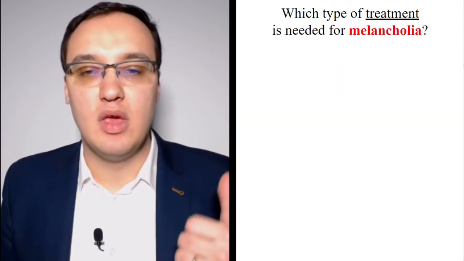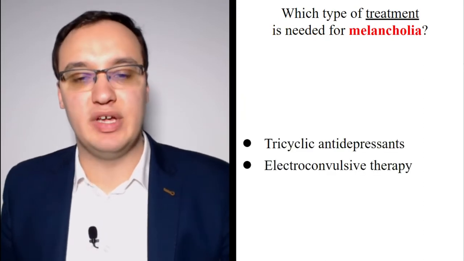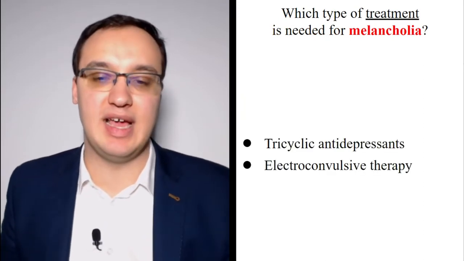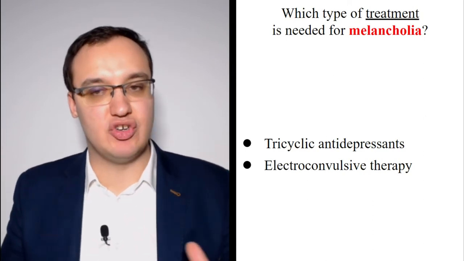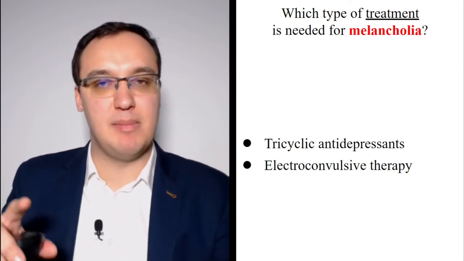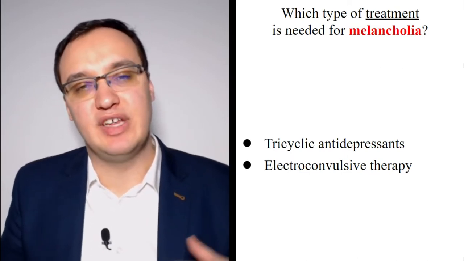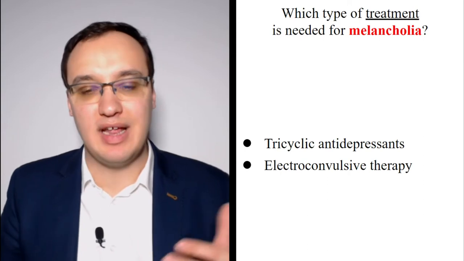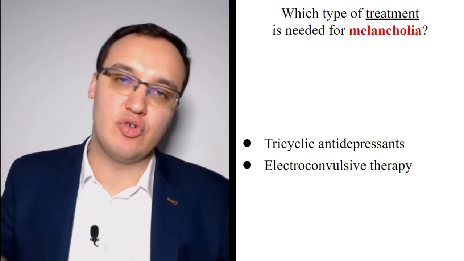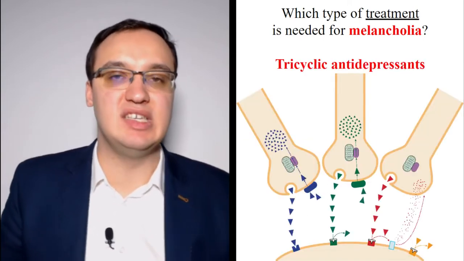Okay? And the treatment needed for melancholia is tricyclic antidepressants and electroconvulsive therapy. I will not deal with treatment in this presentation, but I just wanted to highlight here that melancholia has a different treatment. Tricyclic antidepressant, electroconvulsive therapy. I think you have seen this in some movies.